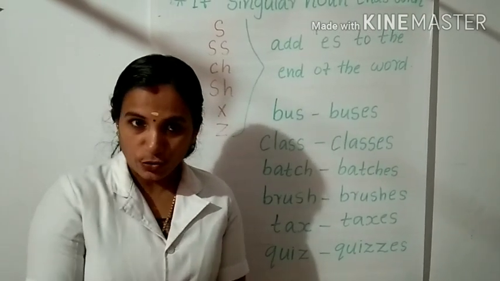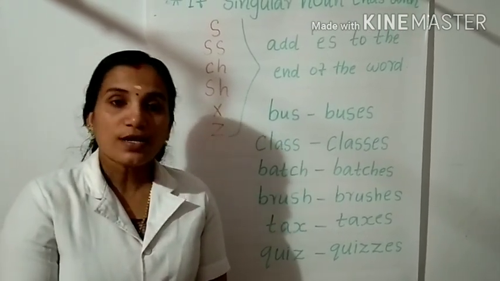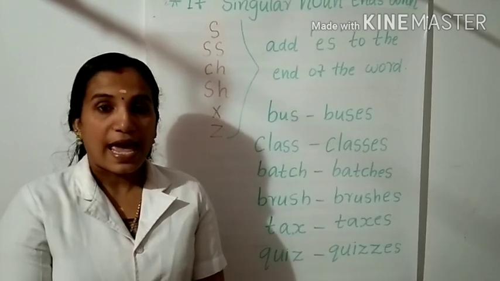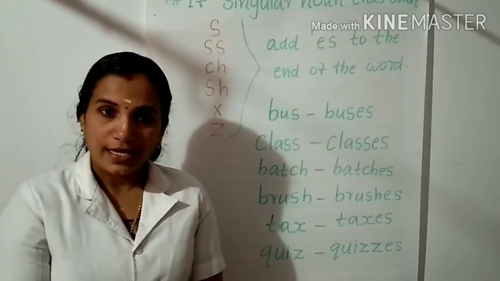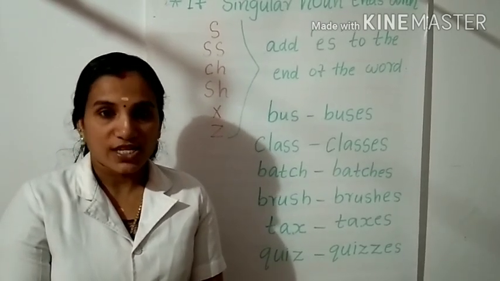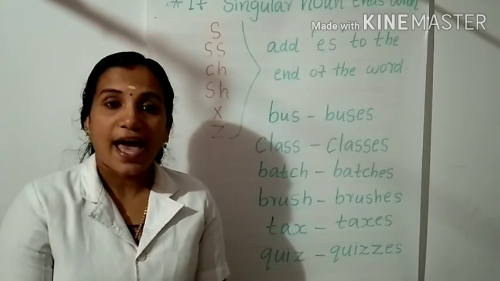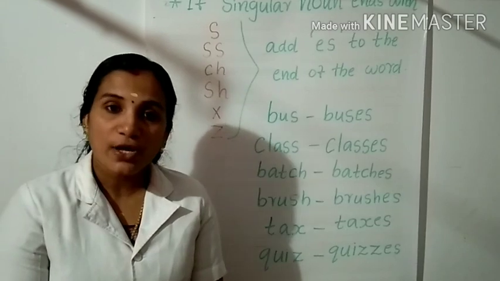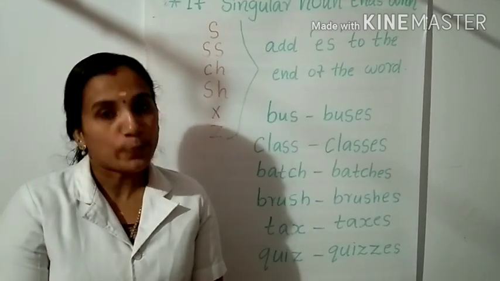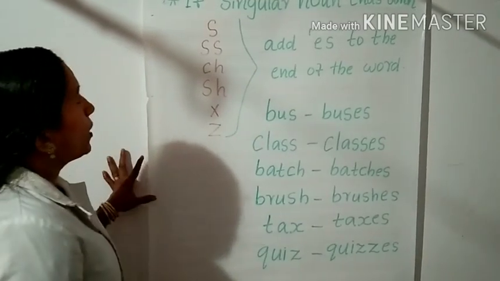And the second rule: if singular nouns end with s, ss, ch, sh, x, z, we generally add es to the end of the word to make them plural. Just look at the board.